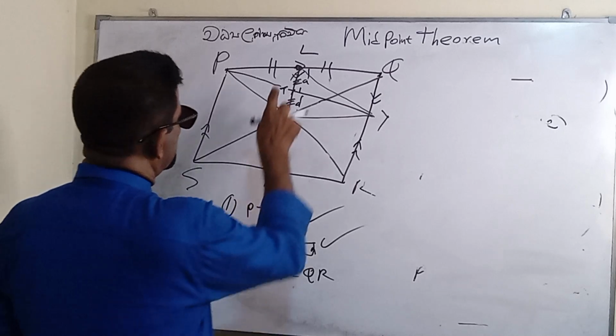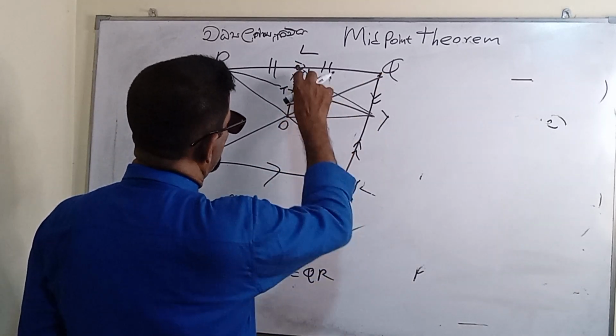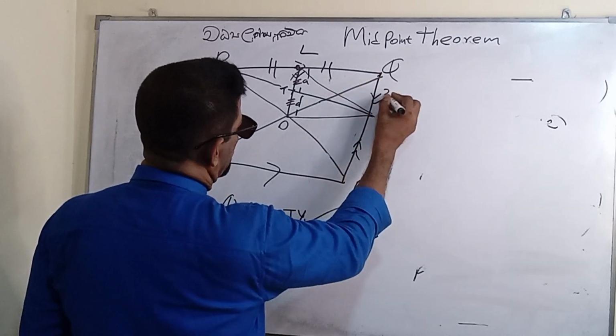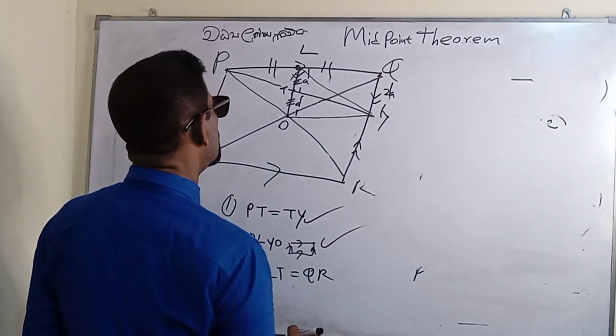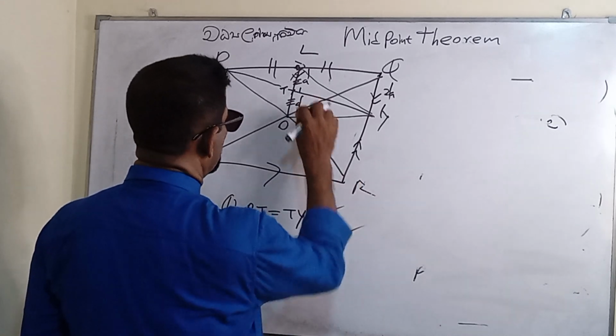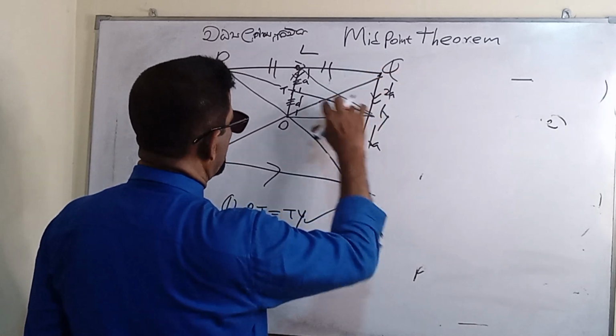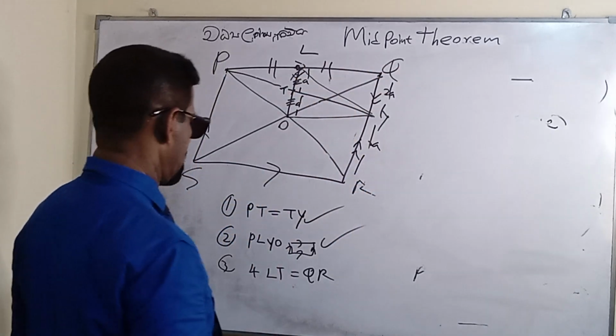This is a midpoint, so the line is parallel and is half, and the other is twice that. Let this be A and this be two A. So the whole OA, that's the answer that should come.